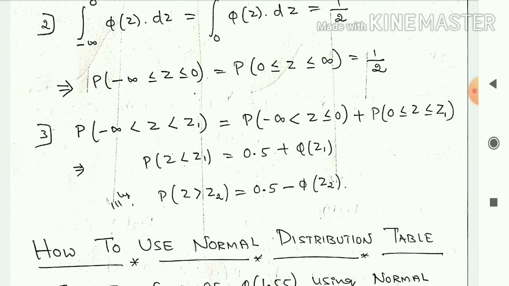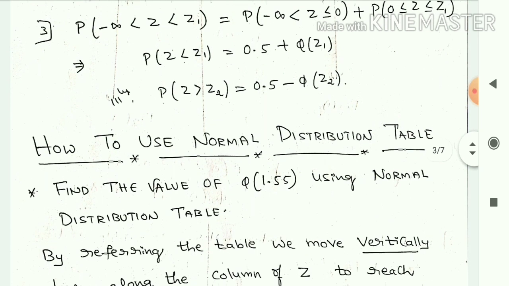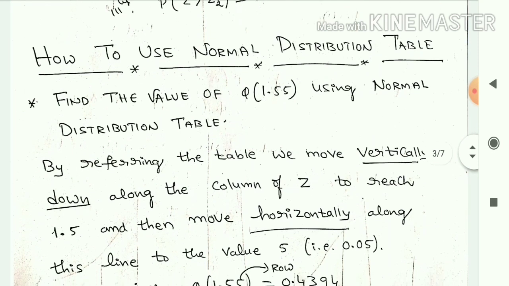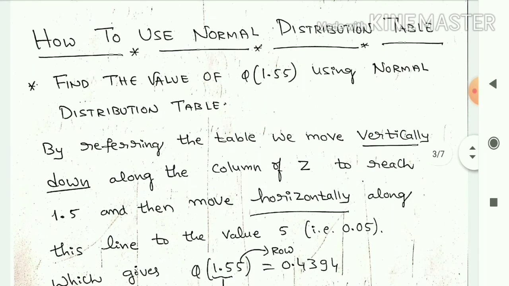Fine. Now, as I mentioned earlier, in all the problems we are doing standard normal distribution, not normal distribution. And in all the problems we have to use the normal distribution table. This part is very, very important. If you know how to use the normal distribution table, then the problem becomes simple. Otherwise, we cannot solve the problems.